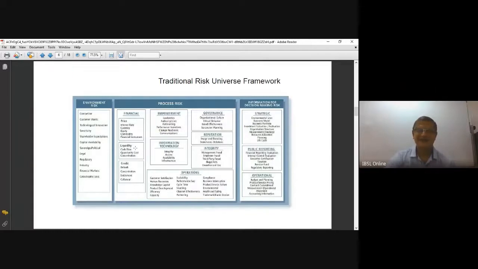Next major item is liquidity. Banks need to maintain liquidity in order to service their customer needs. We call it liquidity risk. If you don't maintain liquidity, you are suicidal.